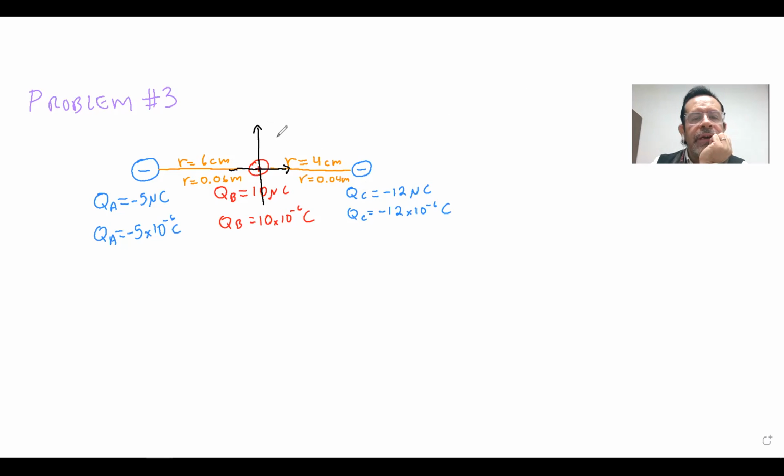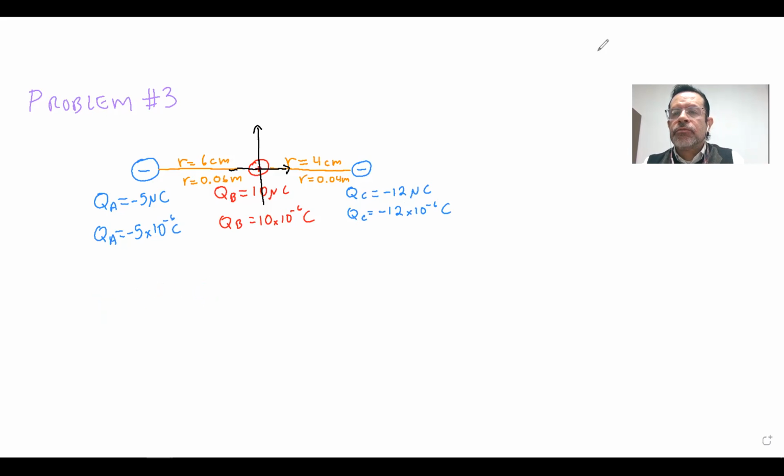I'm going to call that force AB, which is the force between charges A and B, which, according to Coulomb's law, is K multiplied by the two charges.